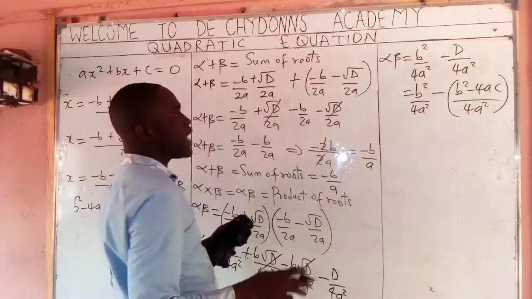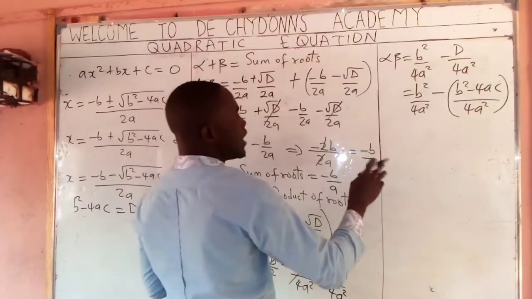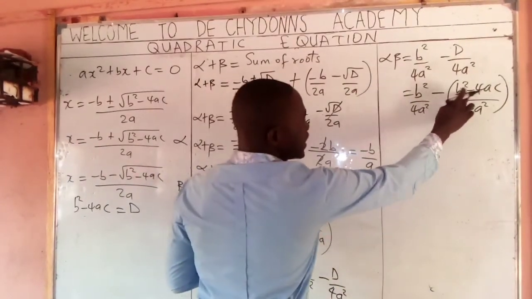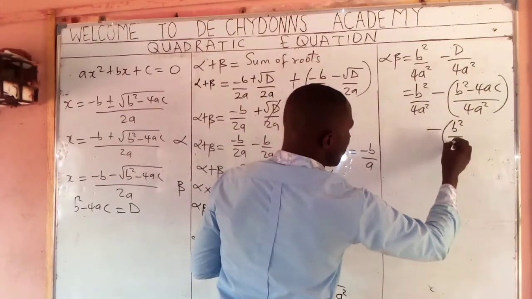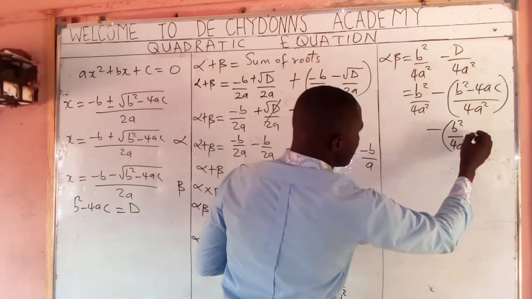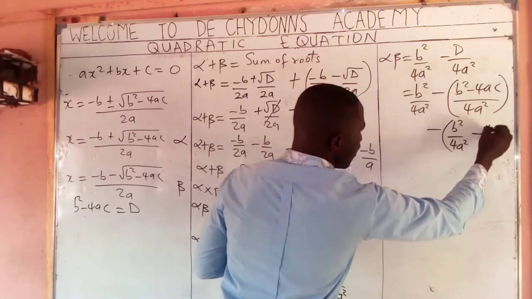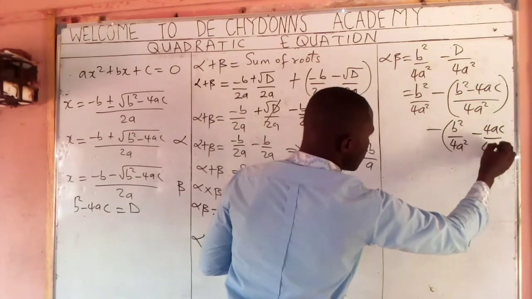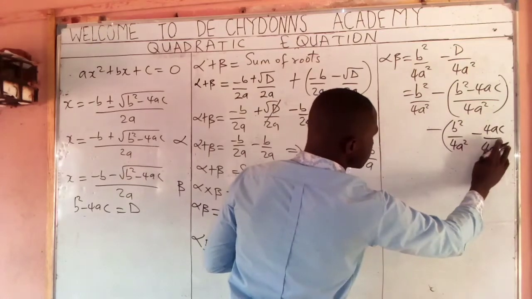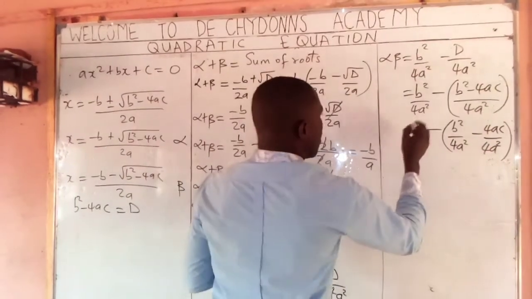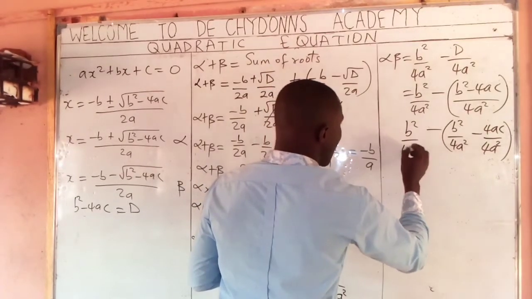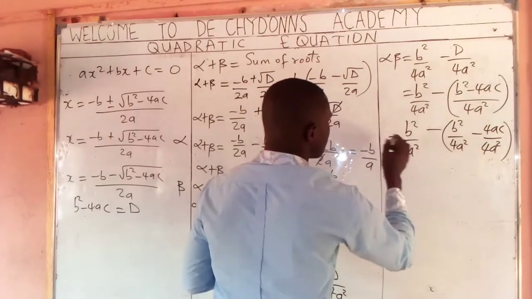So what happened now is, this thing you see here simply means minus b squared over 4a squared minus 4ac over 4a squared. Okay, so we put it this way.